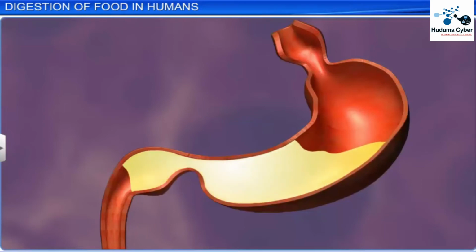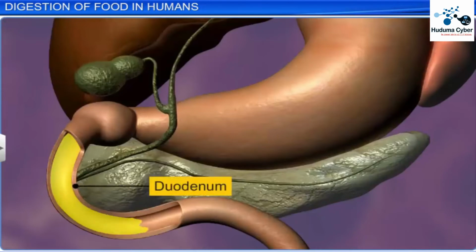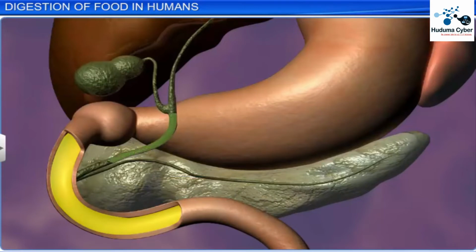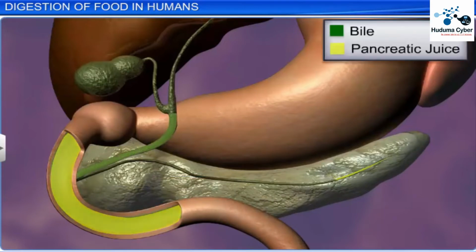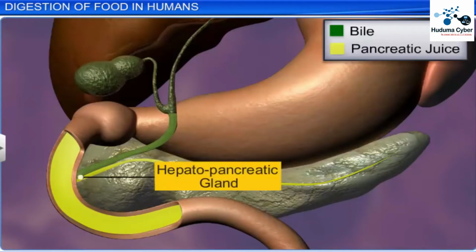The chyme from the stomach passes through the pyloric sphincter and enters the duodenum, the first part of the small intestine. Here, the movements generated by the muscularis layer of the duodenum cause the chyme to mix with pancreatic juice and bile, the secretions of the hepatopancreatic gland.